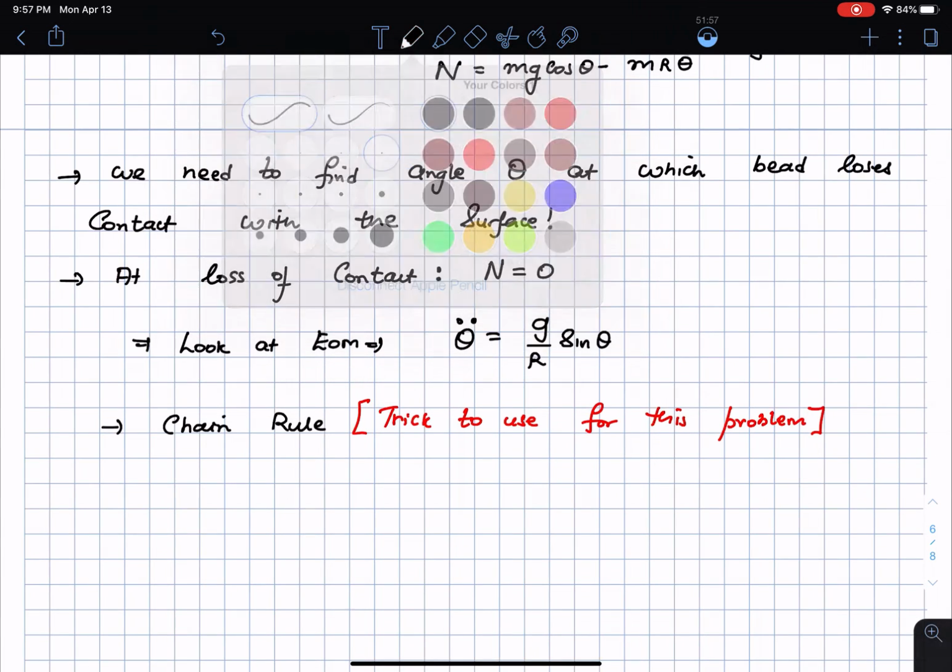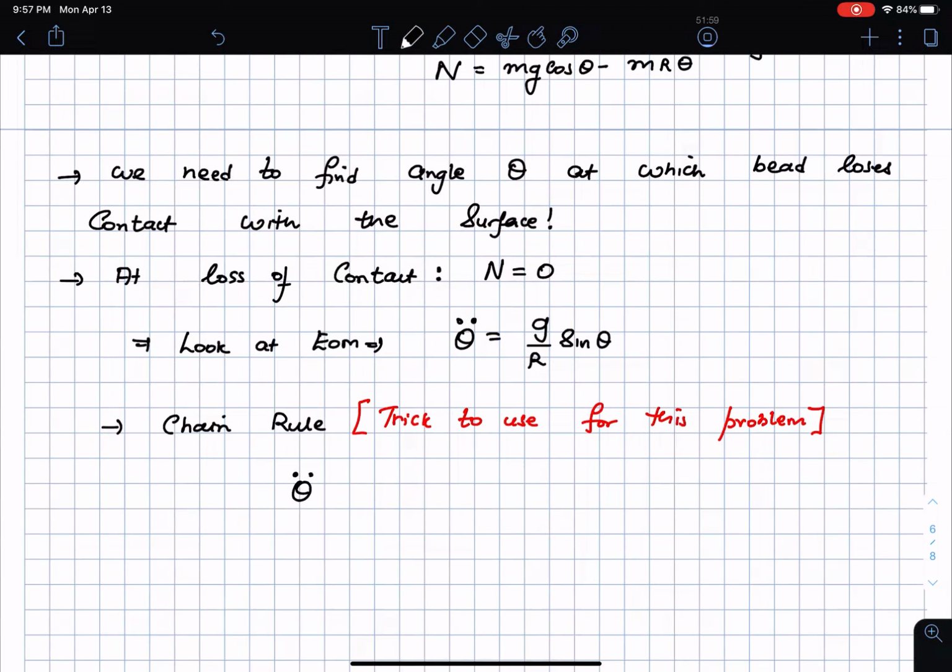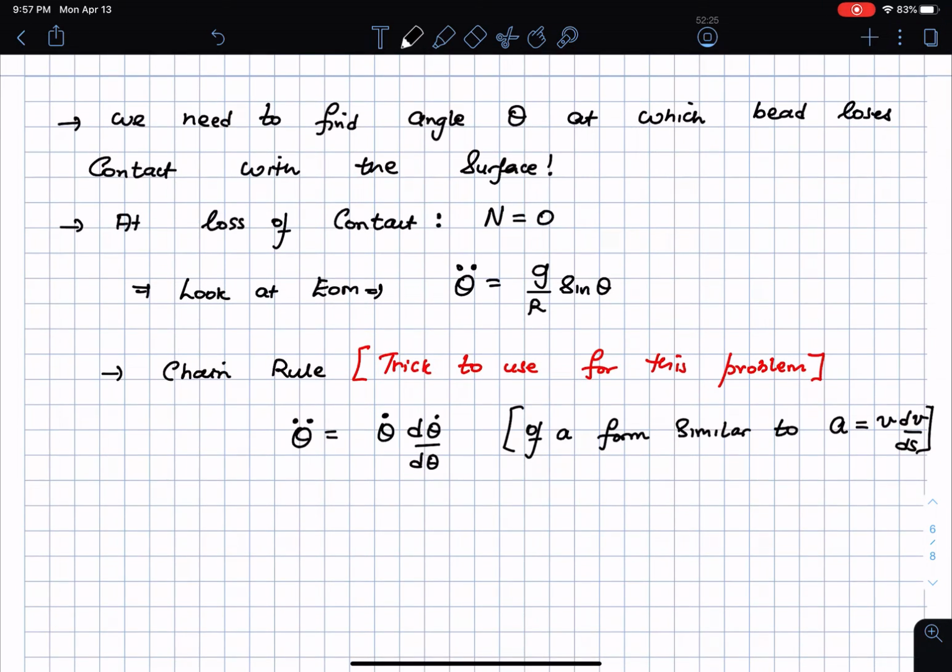The chain rule is that theta double dot can be written as theta dot d theta dot by d theta. This is similar to a is equal to v dv by ds, which you might have seen in undergraduate dynamics.